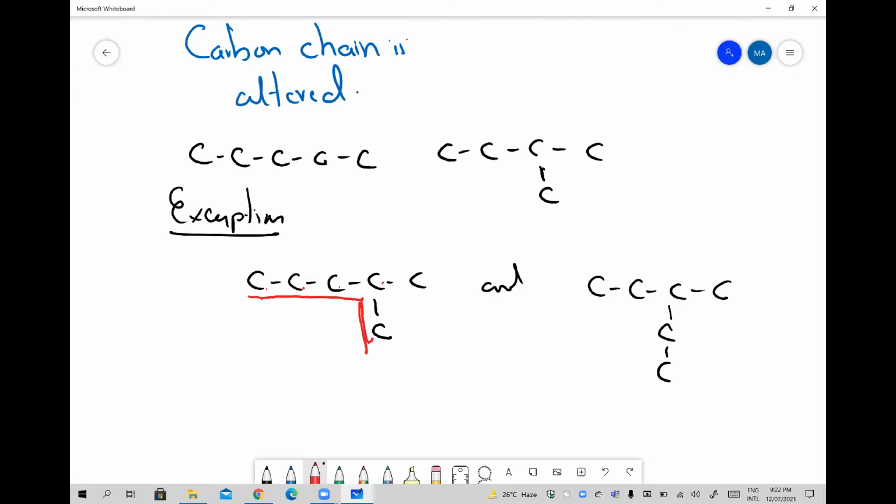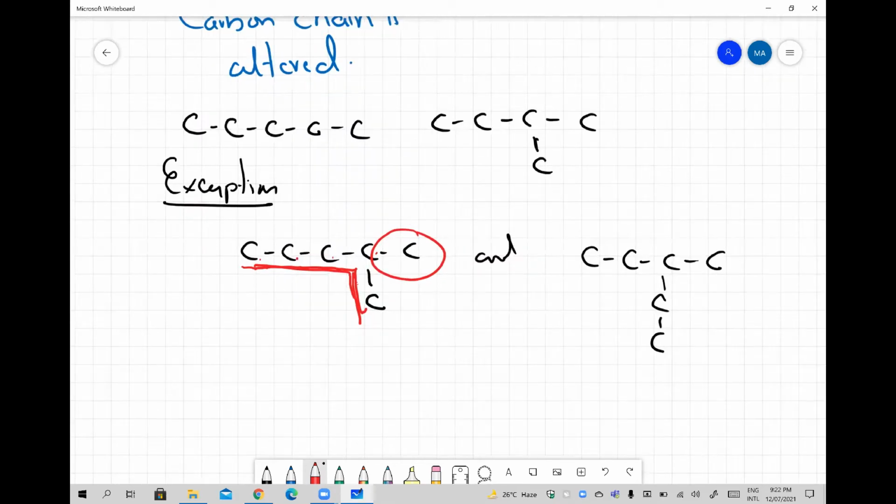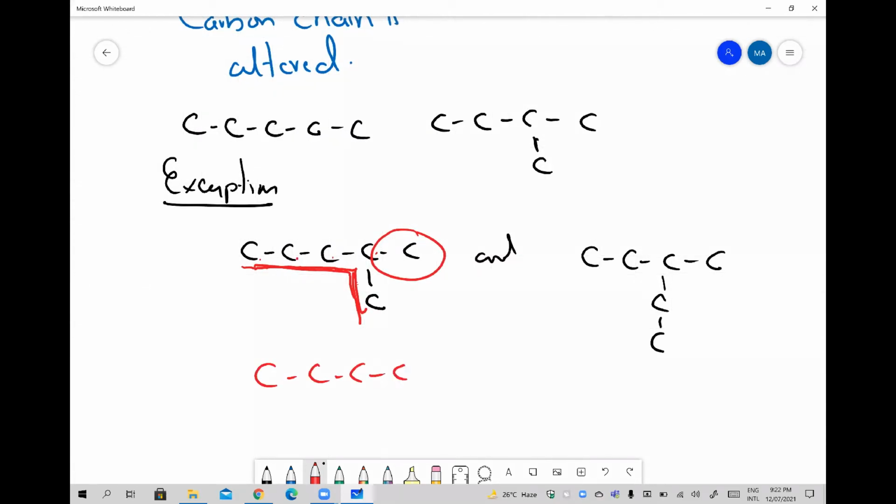Sorry, these 5 carbons are the main chain, and this one is a branch chain. This is one way of looking at this compound. The other way is if you consider the straight chain as the main chain, and this is the branch. Either way, your main chain has 5 carbons, and your branch has 1 carbon.